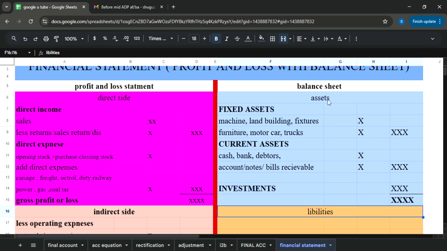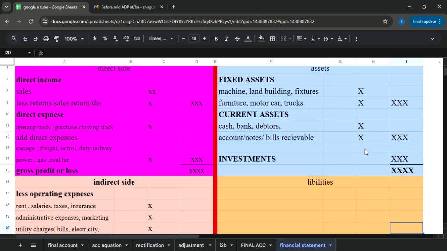In the similar way, you will write fixed liabilities over here. Fixed liabilities would include your capital. You will add net profit, or you will subtract loss.